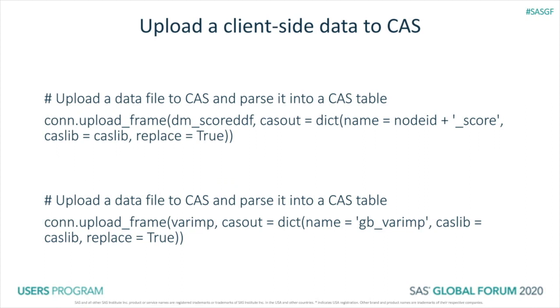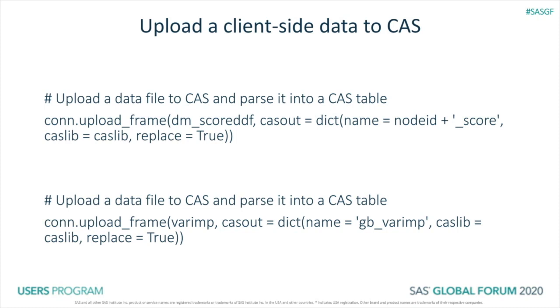Here we upload the updated DM_score_df data frame to CAS running on the SAS Viya system and convert it into a CAS table. We used the upload_frame method to upload the data to the project CAS library as the node ID_score data set.